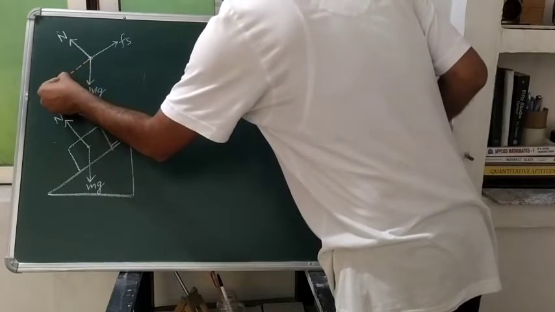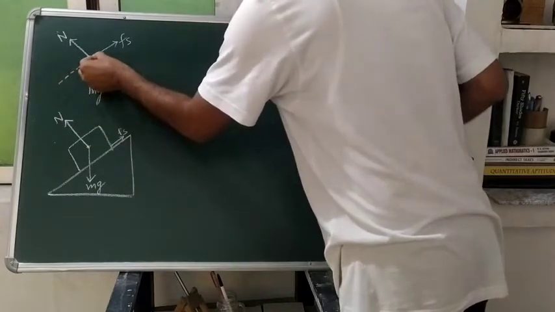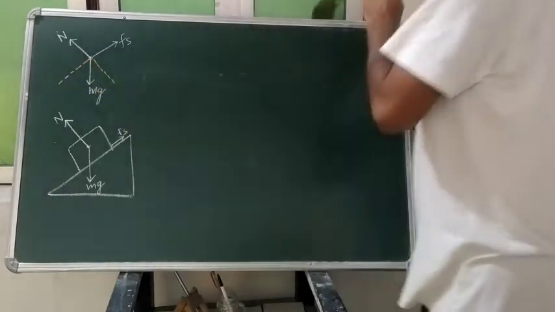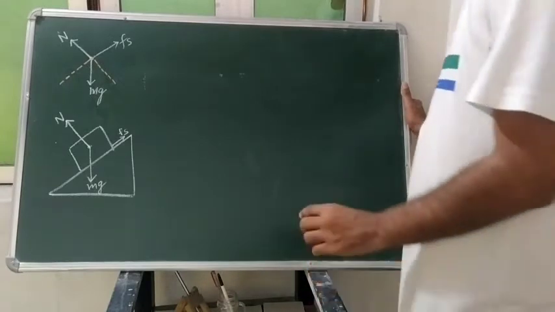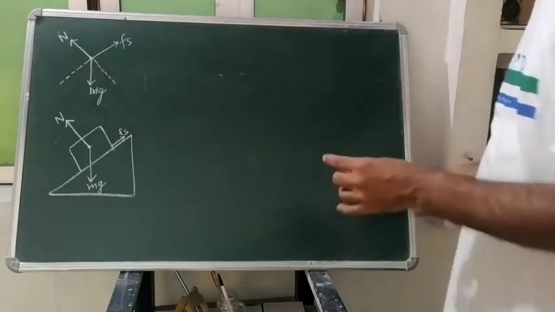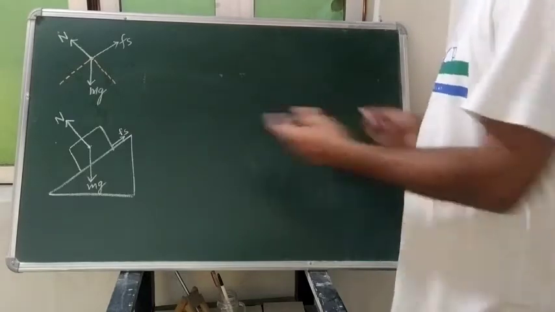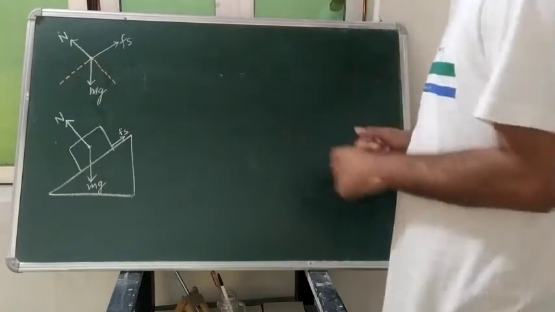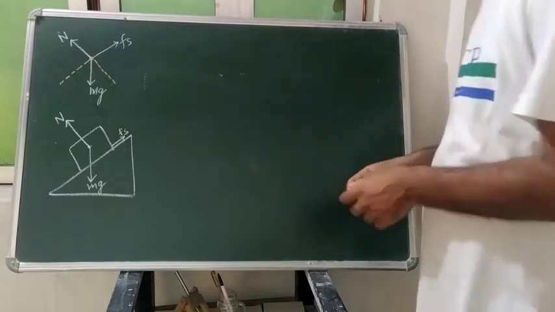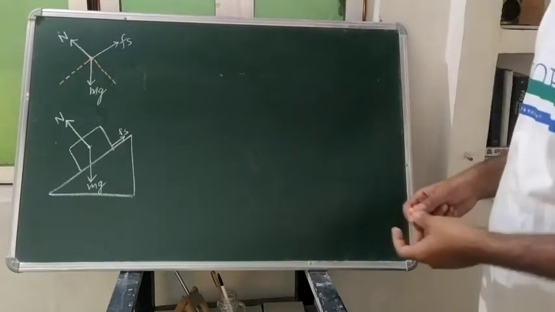Look, students, I have told you that our next task will be to resolve the forces along the contact surface and perpendicular to the contact surface. Whatever the contact surface is, all the forces we will resolve along the direction of the contact surface and perpendicular to it.